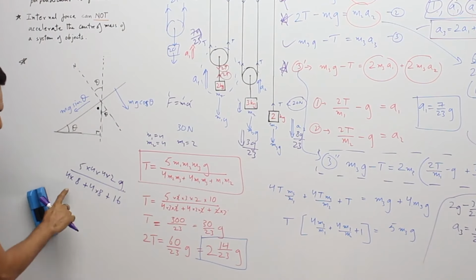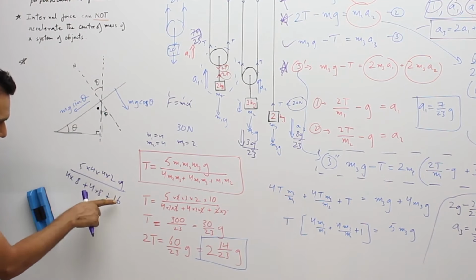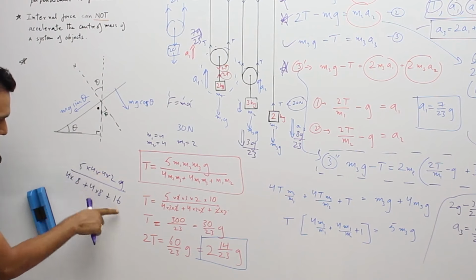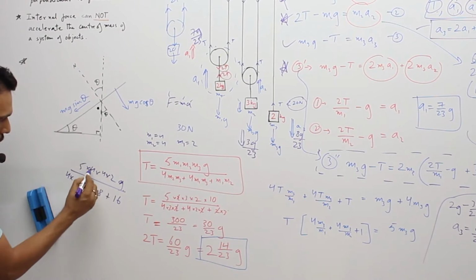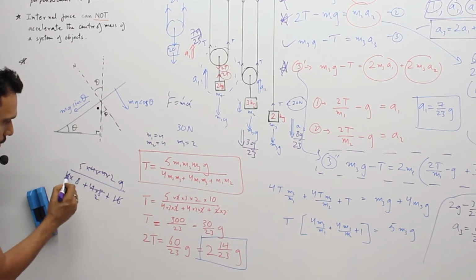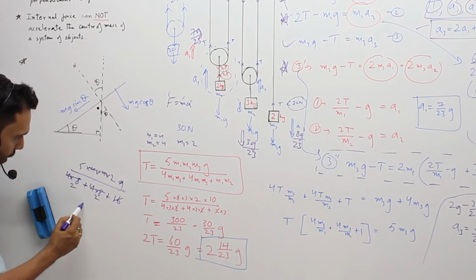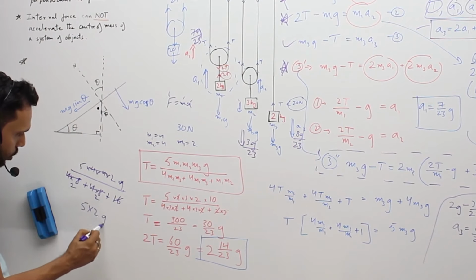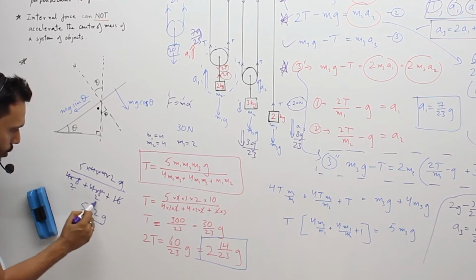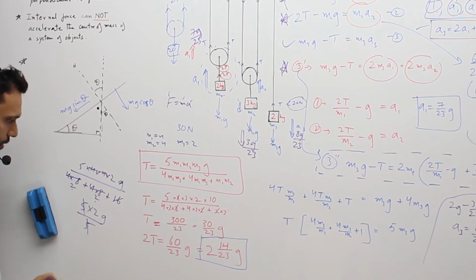So we can cancel this 4 into 4, 16 all over first of all. So this 4 and 4 cancelled, 16 cancelled, so 2 remains over here, 2 remains over here. So we have 5 into 2g on top, and we have 5 at the bottom. So what we get is 2g.